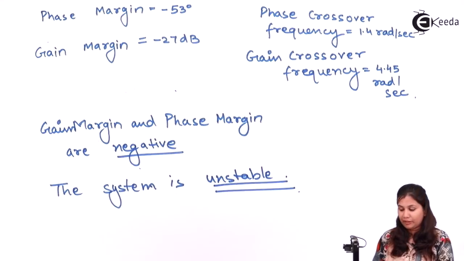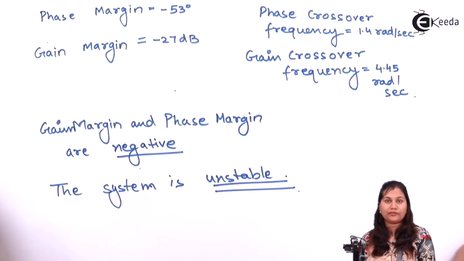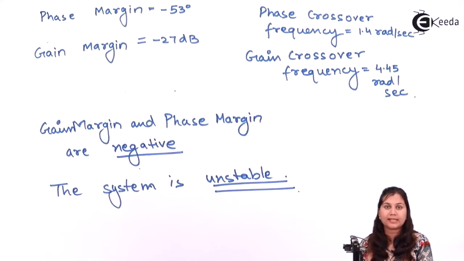So we have commented on the stability of the system: the system is unstable because the gain margin and phase margin are coming out to be negative.